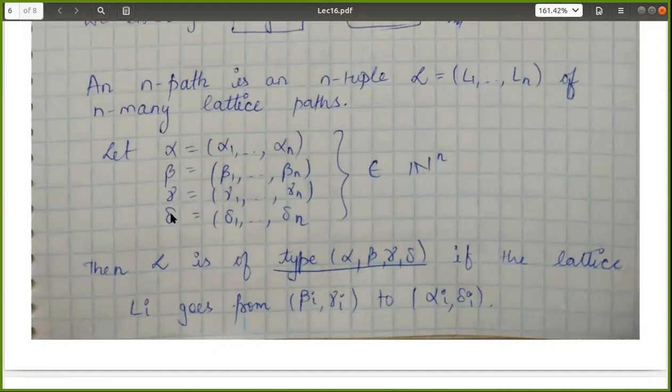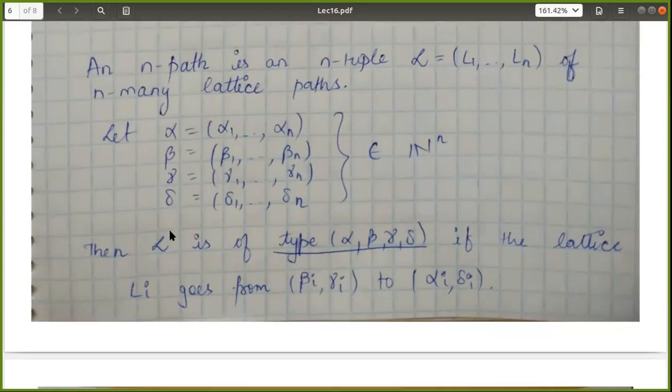Alpha, beta, gamma, delta. Then the n-path L is of type (alpha, beta, gamma, delta) if the lattice path Li goes from (beta i, gamma i) to (alpha i, delta i). Simpler way to remember: in between, outside, outside.